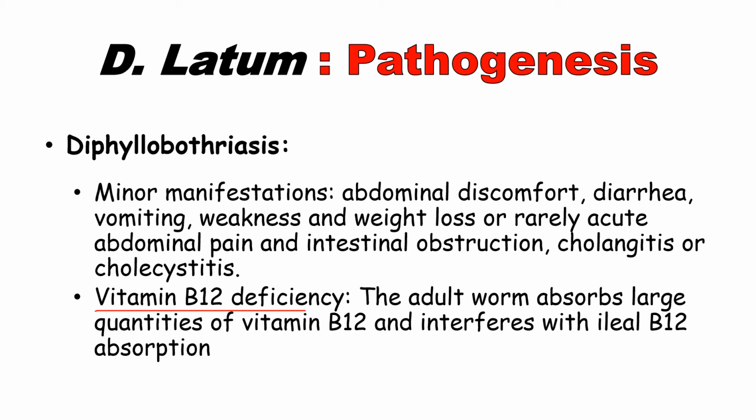This vitamin B12 deficiency may lead to the development of what we call megaloblastic anemia. This megaloblastic anemia is an example of macrocytic normochromic anemia, wherein take note, vitamin B12, guys, is important for DNA synthesis.